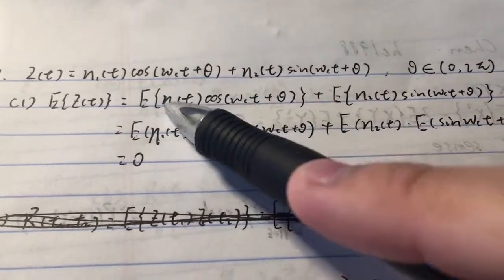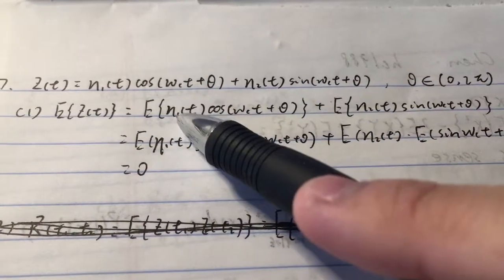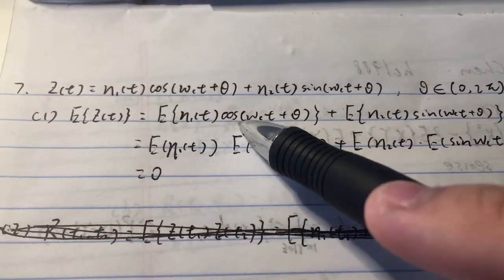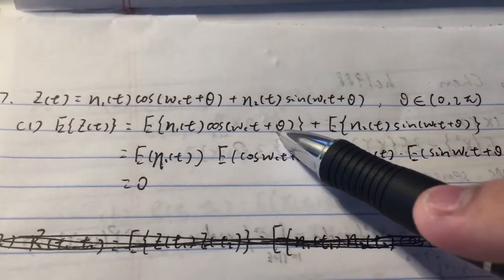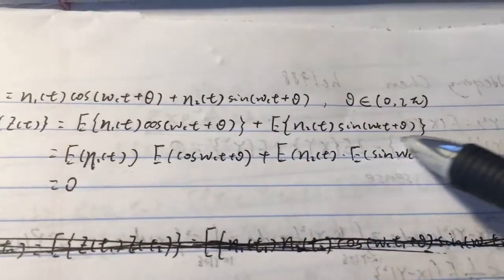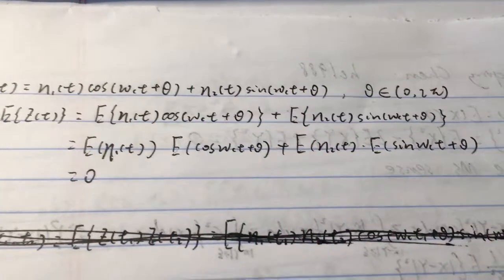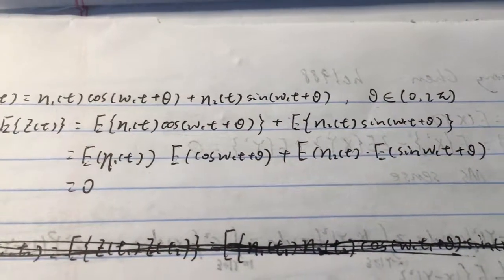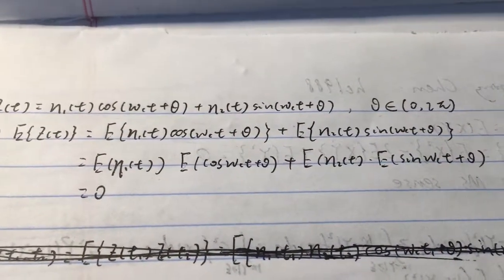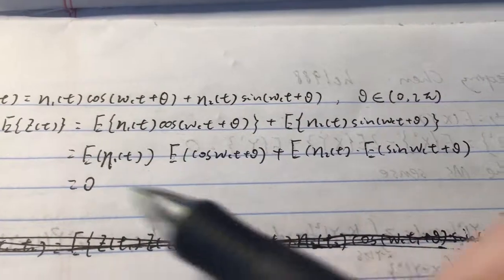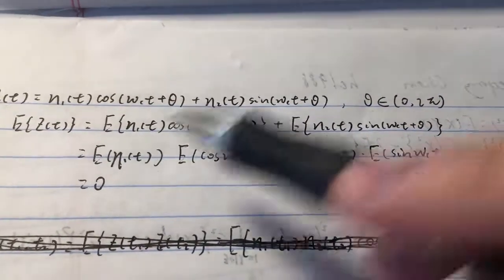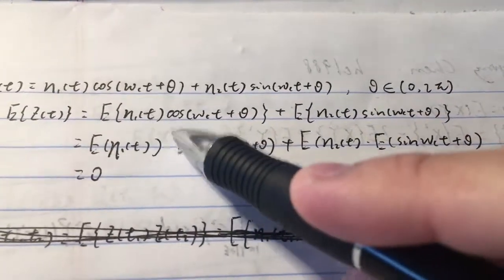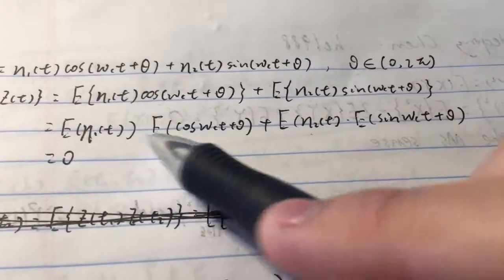The first element is m1(t) multiplied by cosine of omega c t plus theta, and we have plus this. In the condition, we know that all of them are independent, so we can divide them, and we got this.